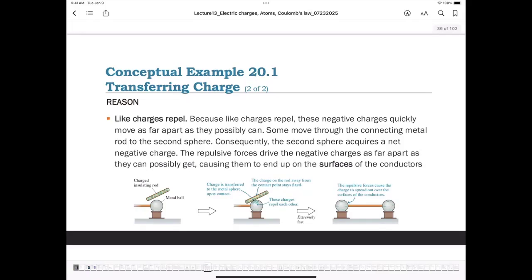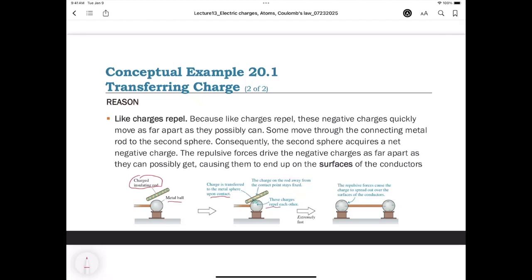You can see this charged insulating rod. This is a metal ball. The charge is transferred to the metal sphere upon contact. The charge on the rod away from the contact point stays fixed.